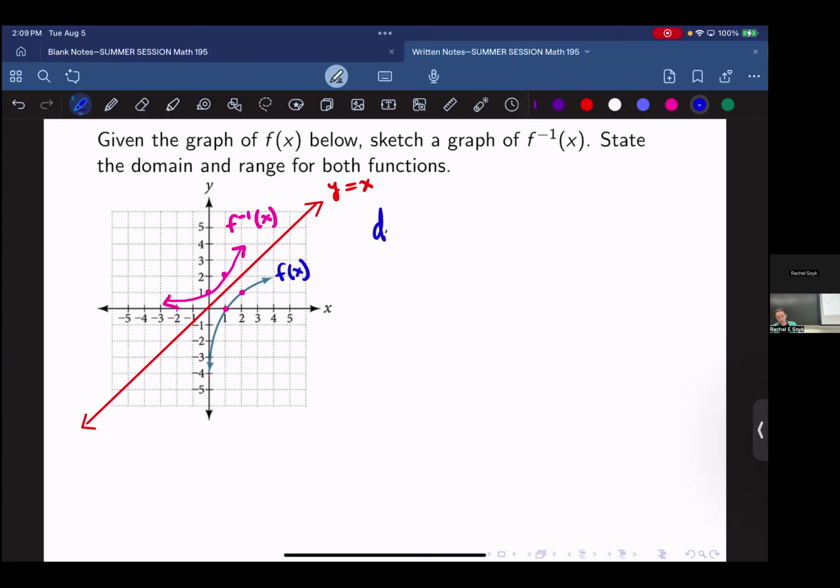So now from the domain and range perspective, what do you think our domain of f of x is?